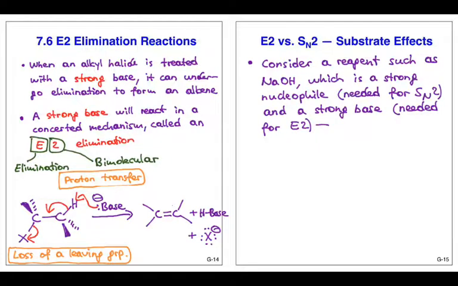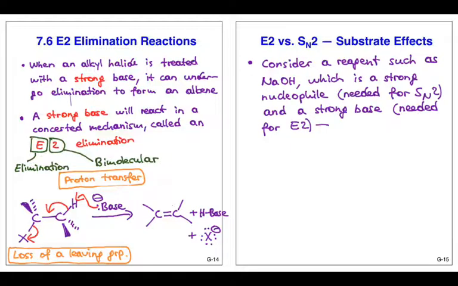Right? It's basic and nucleophilic. And therefore, it can participate in nucleophilic, SN2 substitution reactions, as well as in E2 reactions, right? The question is, when does it do what?